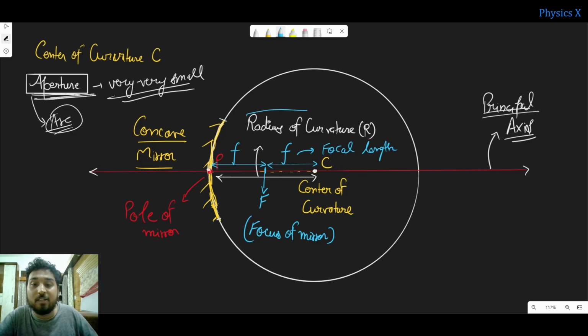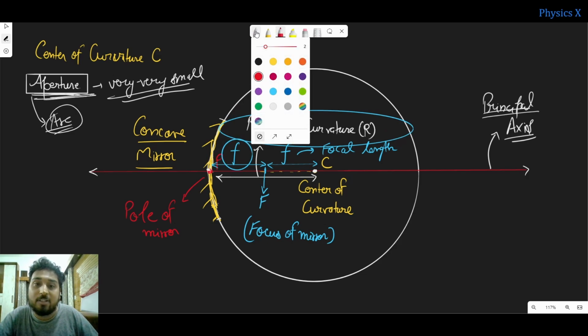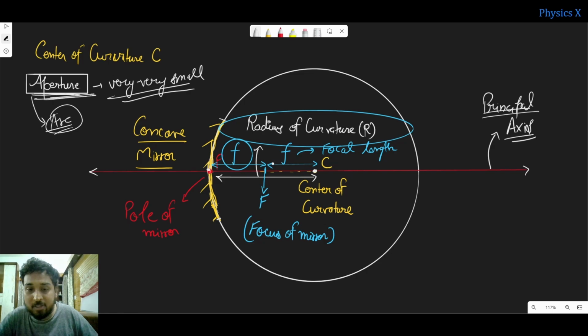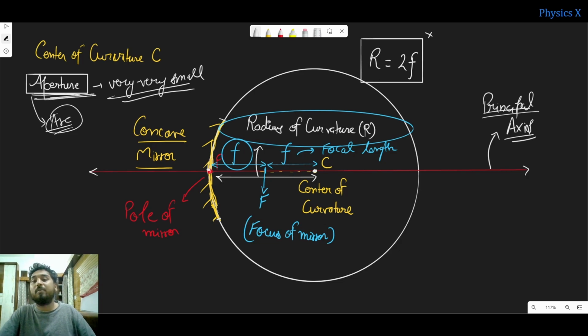So you can see that the radius of curvature and this focal length have a relation. Here you can see that R, the radius of curvature, this complete distance, is nothing but 2f. So this is a relation which you need to remember, and it holds only when the aperture, that means this mirror, is a very small part of this hollow sphere.